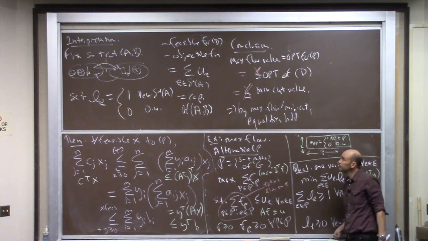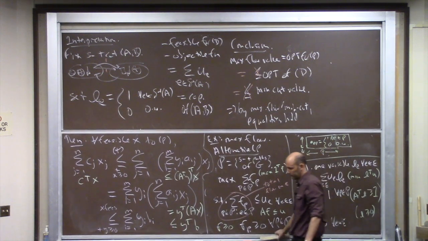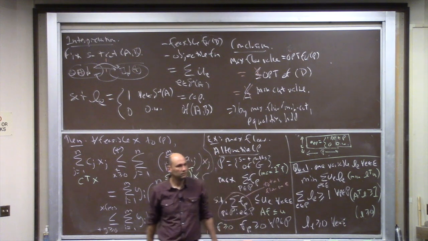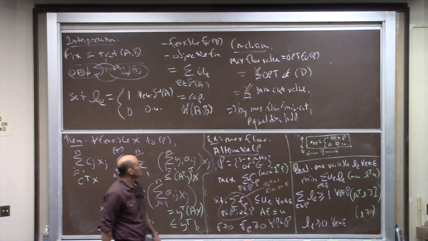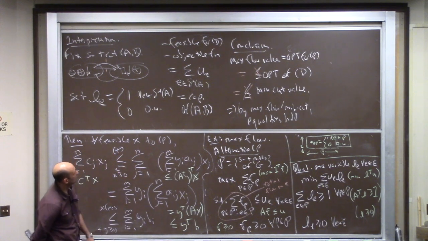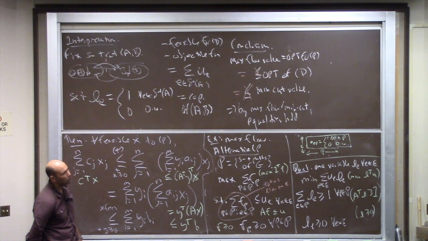Yeah. Do we not know the max flow min-cut theorem in advance? Would that be a reasonable thing to even guess, that the integer values are in the same optimal solution? That's a good question. You could hope, you could cross your fingers.